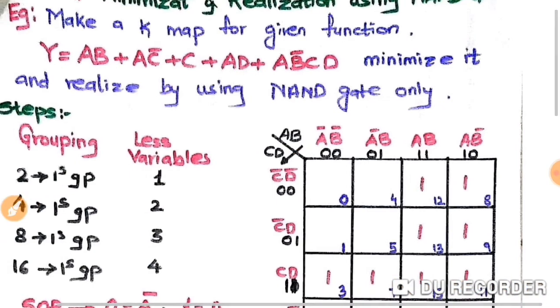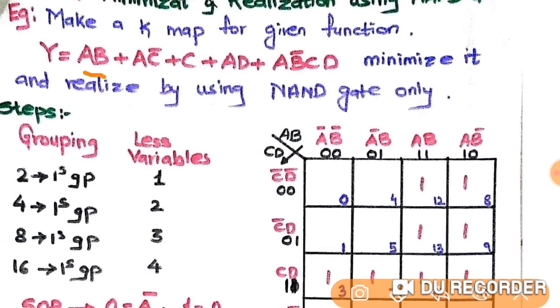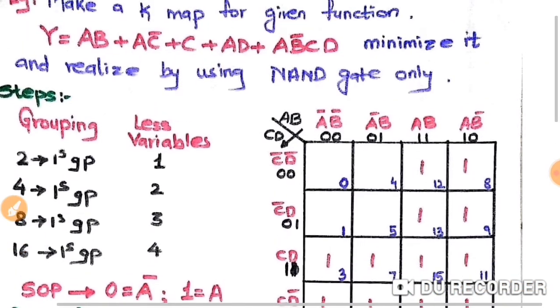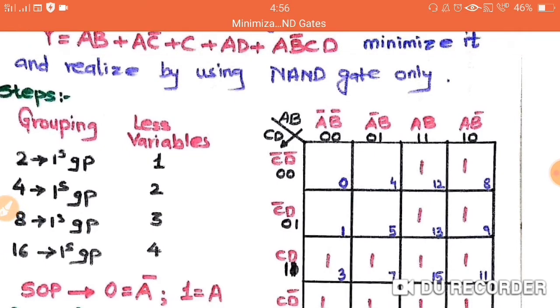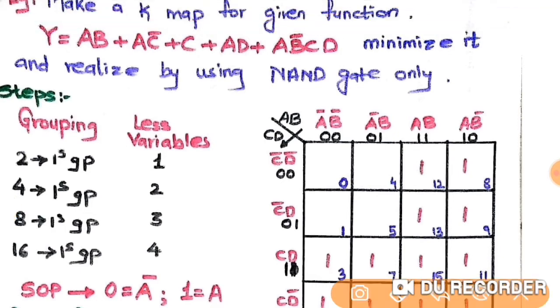So the first term is AB. So where is the AB column? This column. See, this column is AB. So simply write down the block having this AB as ones. Now A and B is there, you can see. So AB is a group of this particular column.